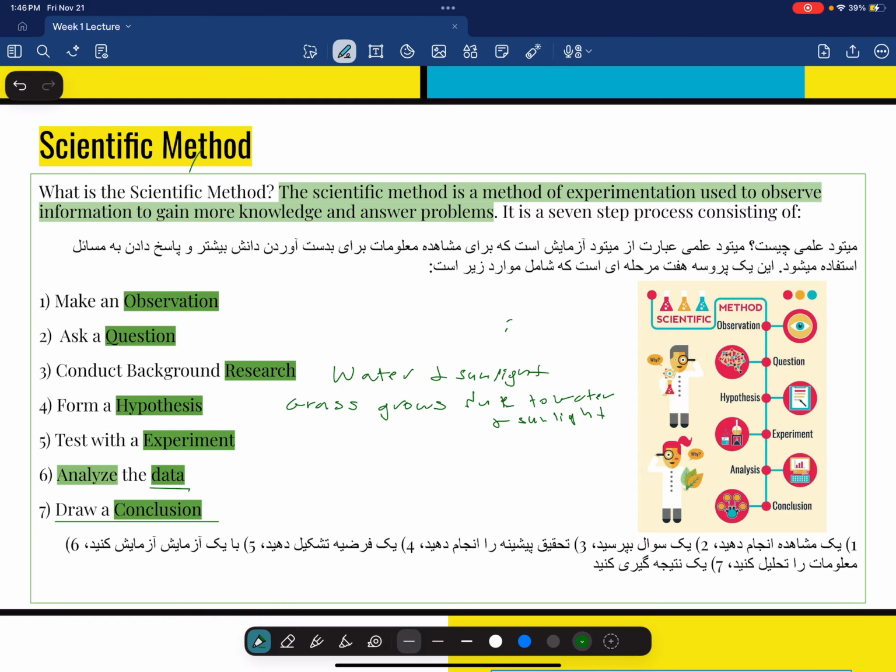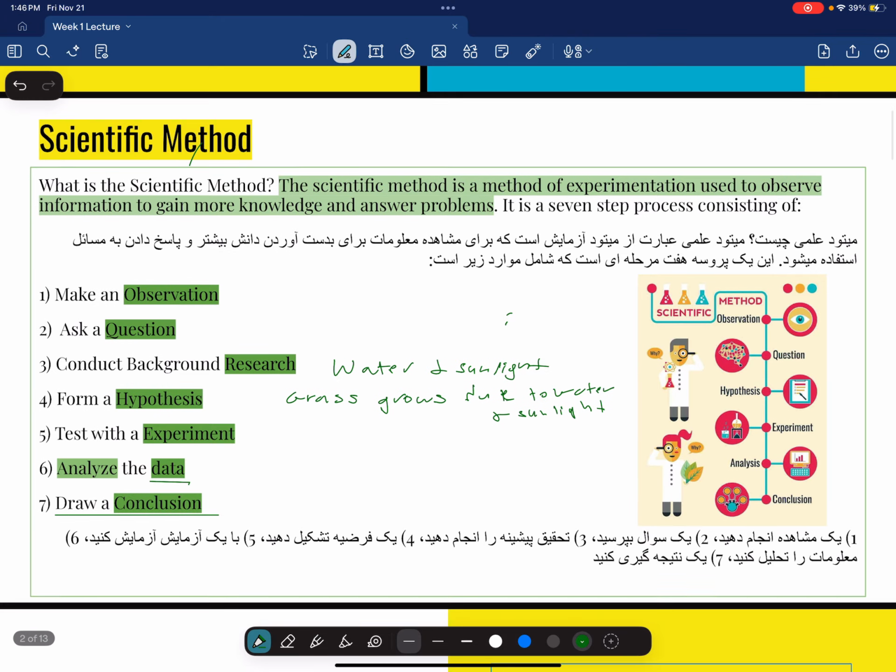To prove or disprove this hypothesis, you're going to test it with an experiment. So we have our control group and we have our treatment group. The control group is something that has nothing done to it, and the treatment group is something that has something done to it. In the control group, we have grass.